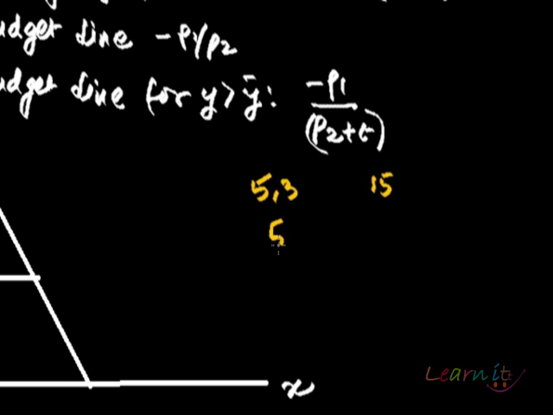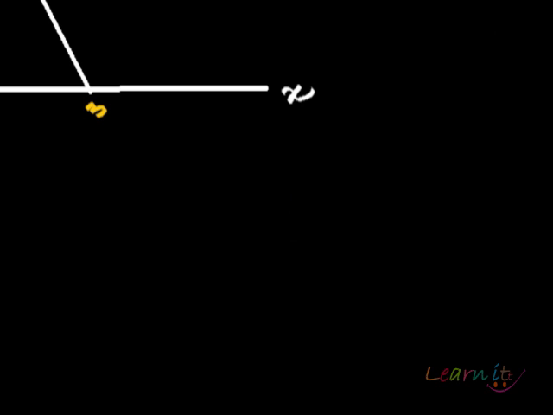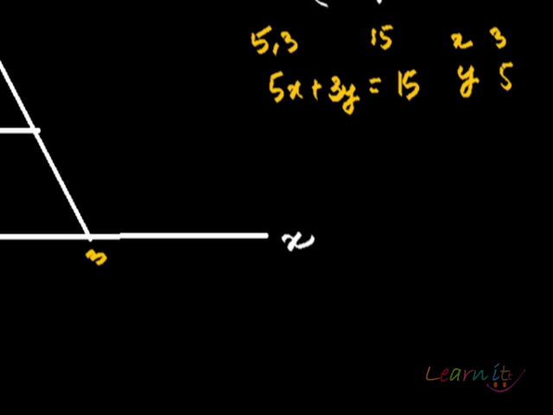So it was 5x plus 3y equals 15. So x and y intercepts are of course 3 and 5. I'm not telling you how I am getting this because I assume that you know it. So x is 3 and y is 5.